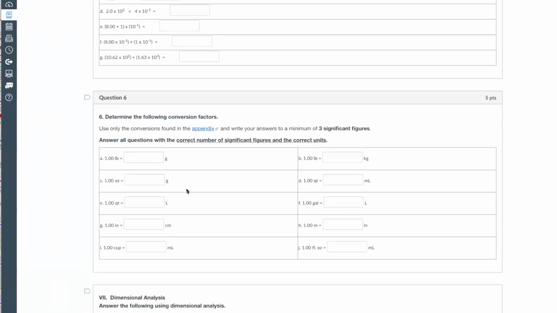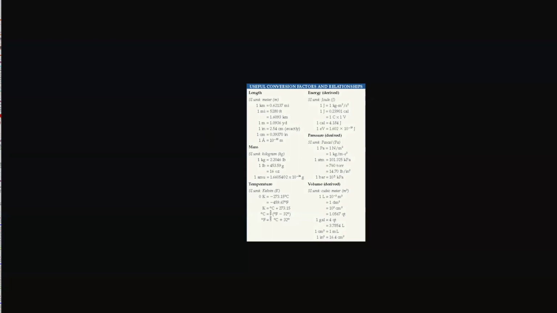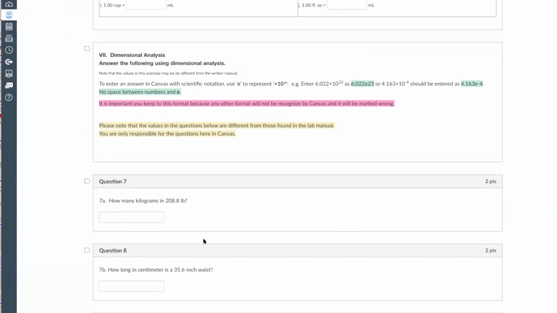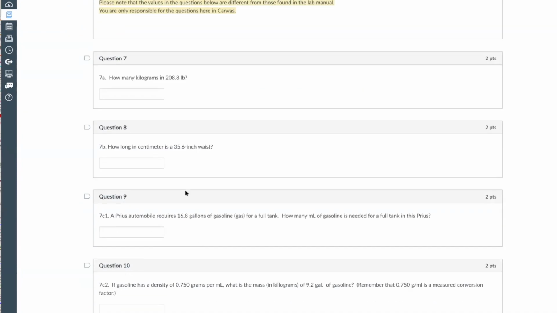And then these right here are just conversions, and you want to use the appendix value. Don't use something else, because your answers are based on that appendix. And then this right here is just your answer based on the dimensional analysis.